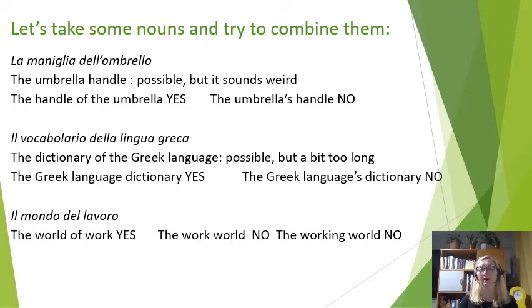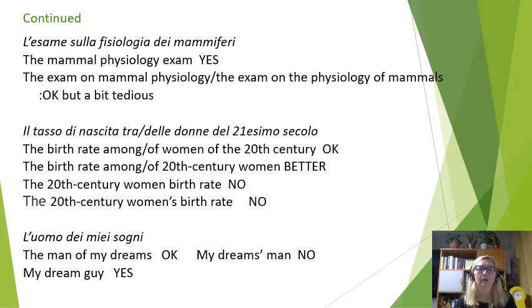Again, why? Logically, you could form one of these, but because nobody ever says that, you really can't say it. You have to learn the correct form, the world of work. Okay, "l'esame sulla fisiologia dei mammiferi," the mammal physiology exam is fine, or these two are okay, but they're a bit long.